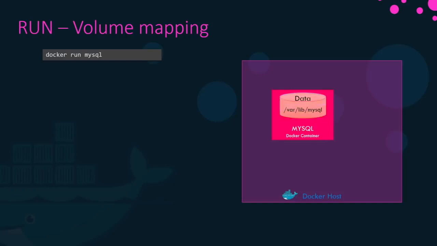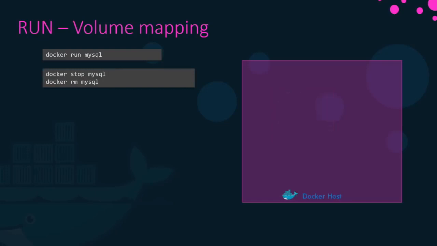Let's assume you dump a lot of data into the database. What happens if you were to delete the MySQL container and remove it? As soon as you do that, the container along with all the data inside it gets blown away, meaning all your data is gone.